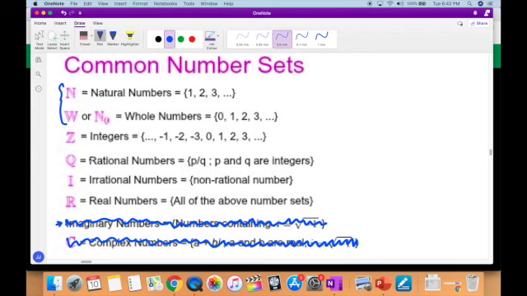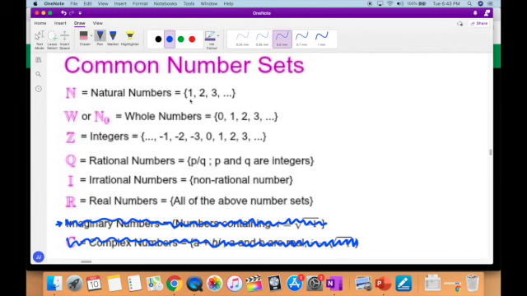Right. So whole numbers, look at this, you have all of the natural numbers inside of here, and then it has one extra. So yes, whole numbers are bigger by one element, and that element is 0.